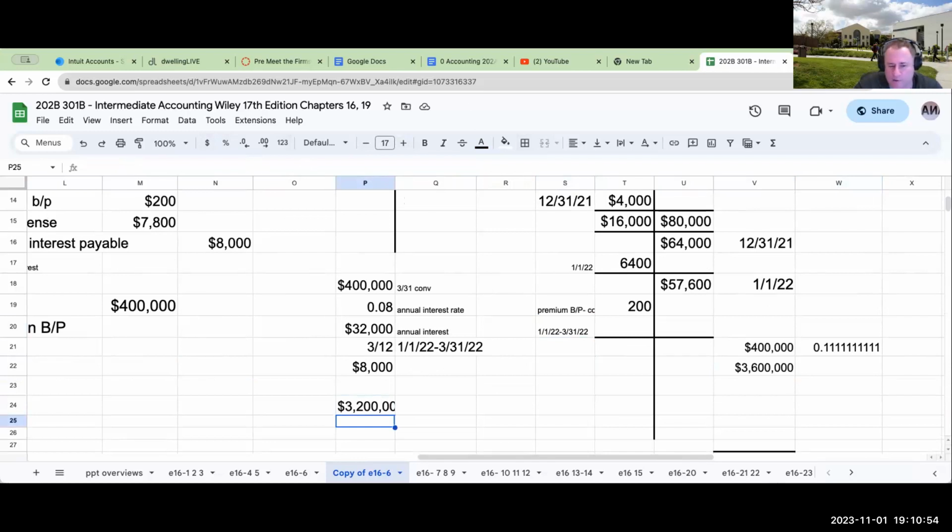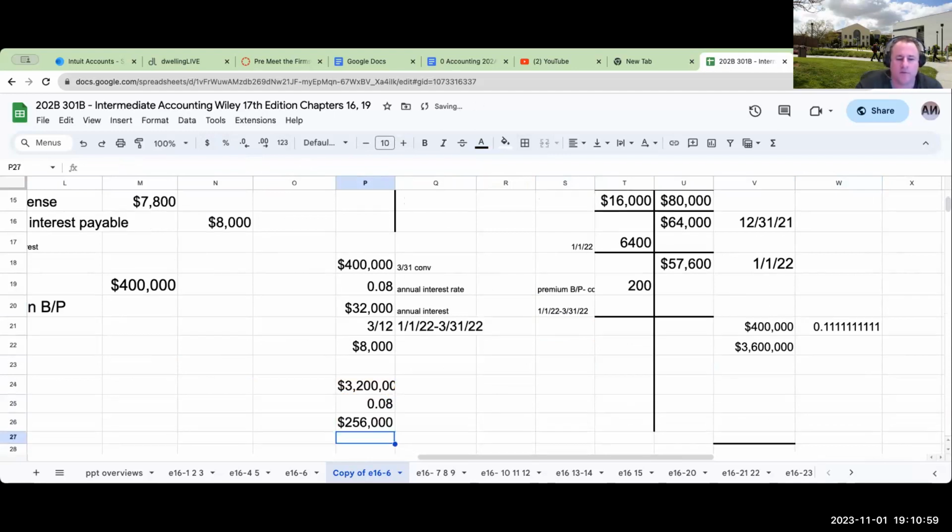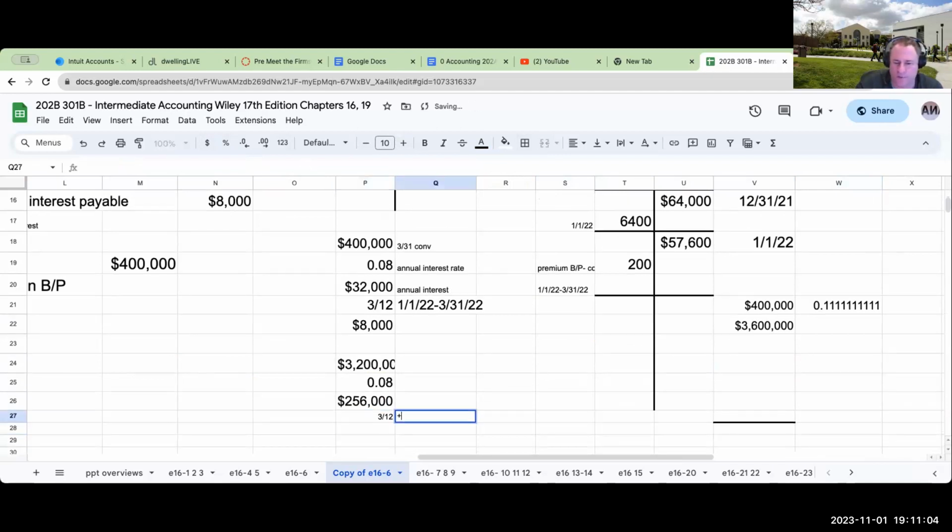So over here, this is going to be at 8%. Total amount was 256. Coming over here at 3/12 for the same period of time, the amount of cash that would be paid is 64,000. Now, the amount of the premium on the other bonds: this is the premium on the 400,000, and this is over here on the 3.2 million, meaning the other bonds that are not being converted.